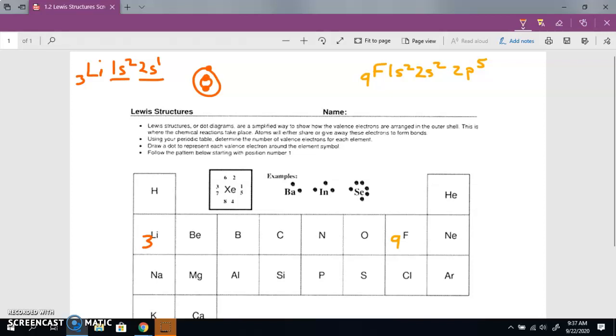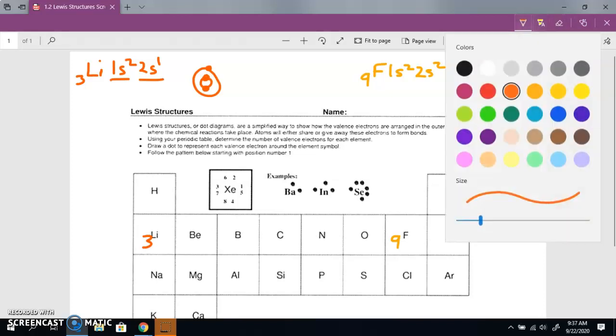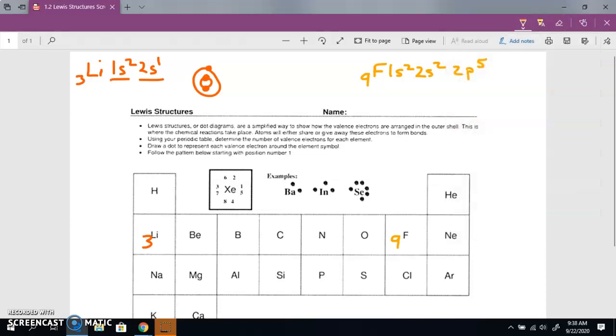Also, we've got fluorine. Fluorine is element number 9. And I've got its complete electron configuration right there. Let's take this information and turn this into a Bohr atomic model. So first energy level, 2 electron dots. Second energy level, 2 electron dots.